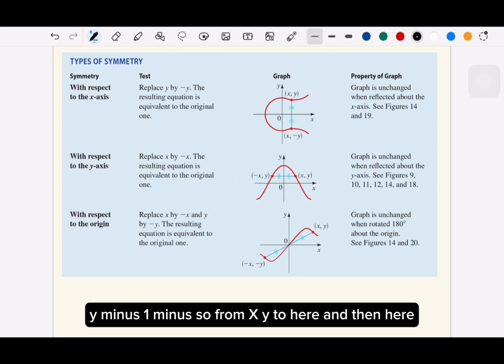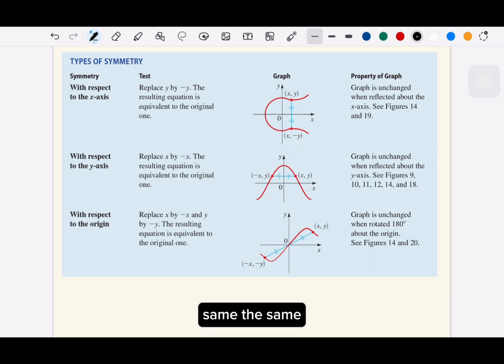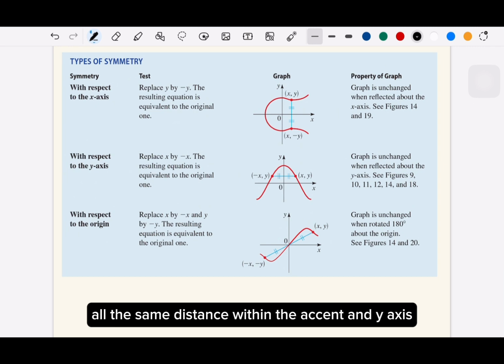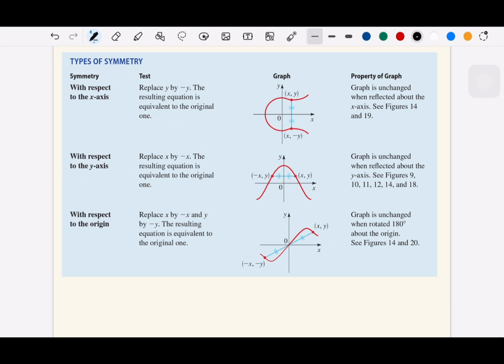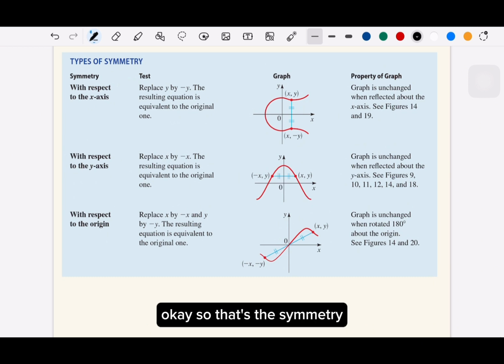So from xy to here and then here, or you can replace this with negative x and negative y, and then it's precisely the same structure, all the same distance within the x and y axis. Okay, so that's the symmetry.